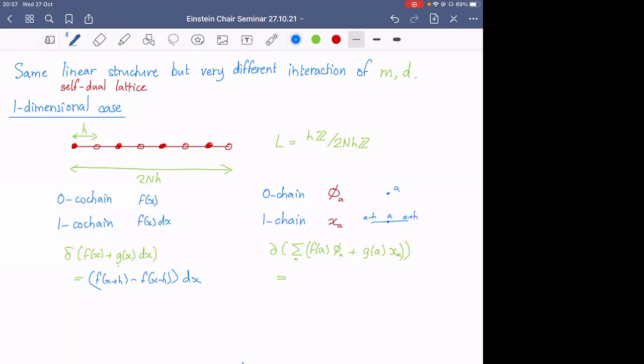The boundary, on the other hand, when we're dealing with chains, well, points don't have boundaries, zero boundary. So we'll be left with just the boundary of the edges. The boundary of an edge from a minus h to a plus h will be a plus h minus a minus h. So in other words, we just have a combination of points like so. Okay, so that's all very simple.